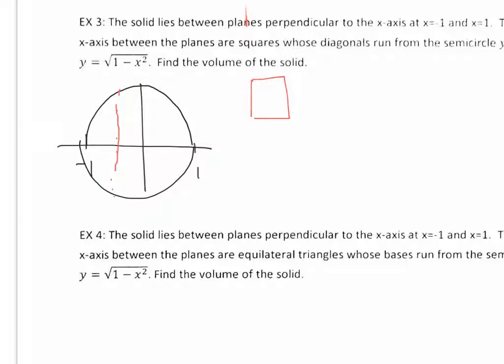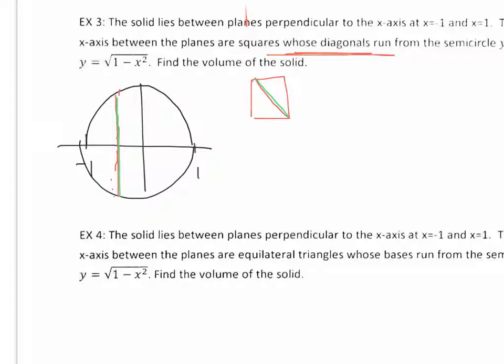Now, the problem says the diagonals of the square are between the semicircles. So when you're looking at this picture, the cross section that you drew is the diagonal of your square. I'm going to put in different colors so you can keep track. So this cross section is this diagonal. Now, it's a circle, so it's symmetric.